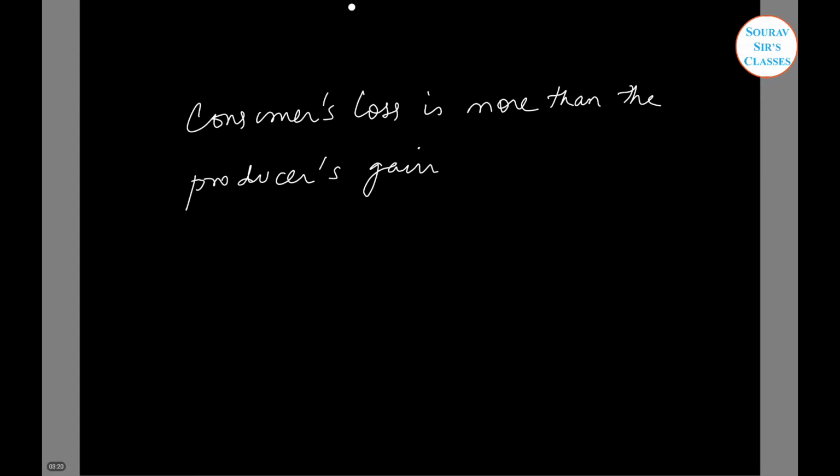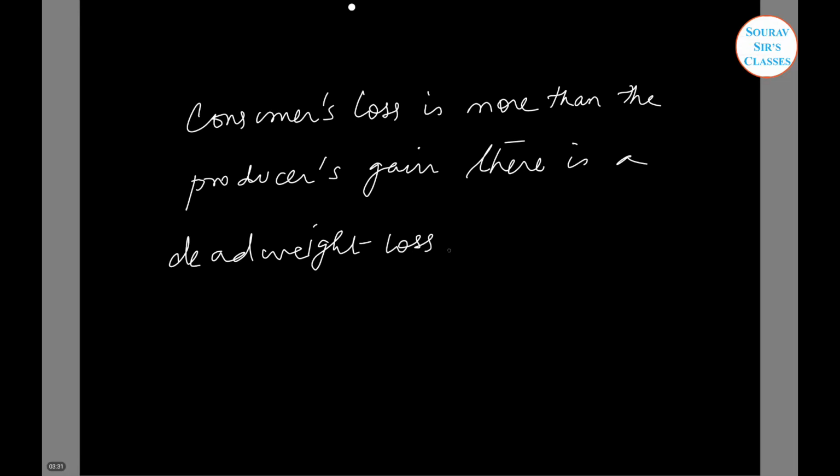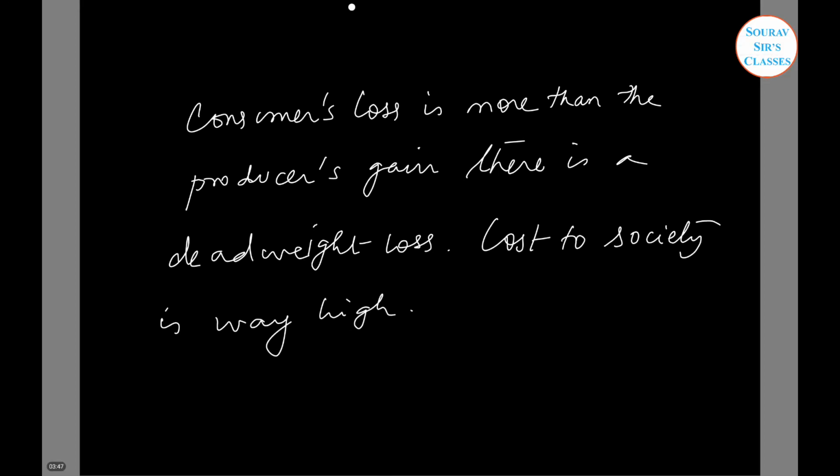So there is a deadweight loss, and therefore such kind of import restriction, the cost to the society is way high, because what we can see is that gain to domestic producer is more than offset by loss to the consumer, and so such kind of intervention is not good for the society.